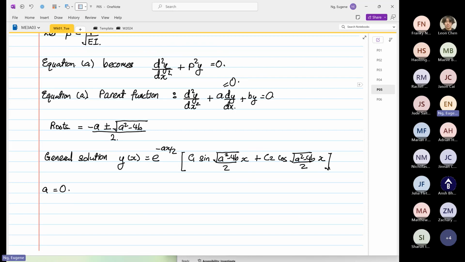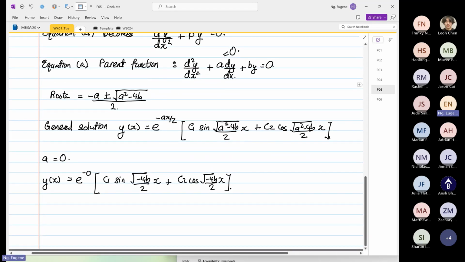So y as a function of x will be equal to e to the minus 0, bracket c1 sine of the square root of minus 4b over 2, x, and then plus c2 cos of the square root of minus 4b over 2, x. So if I were to simplify further, e to the power 0 is equal to 1.